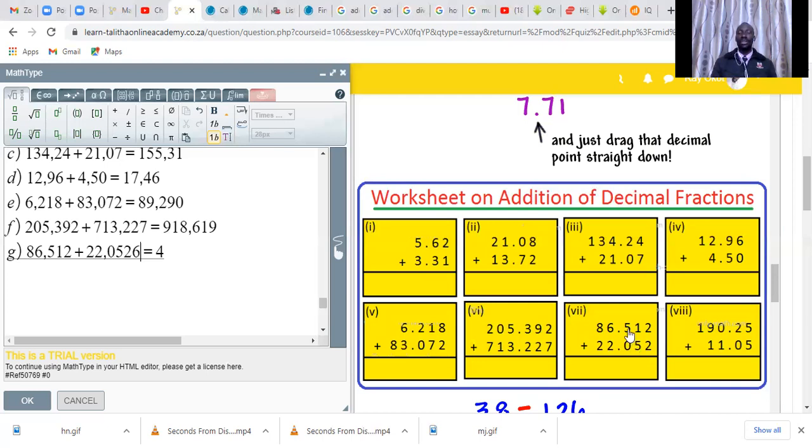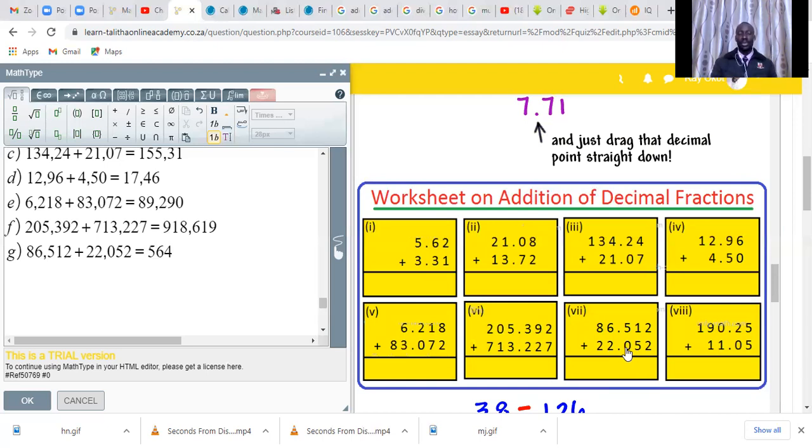The next thing is to add 5 to nothing. 6 is not supposed to be there, it's supposed to be this side. The 6 is supposed to be here. Then now, when we add a 5 to 0, we get a 5.